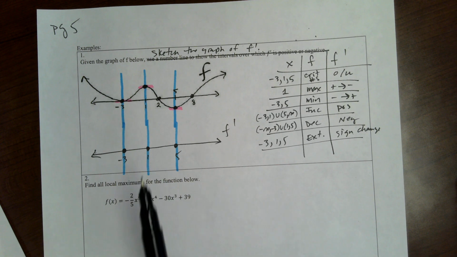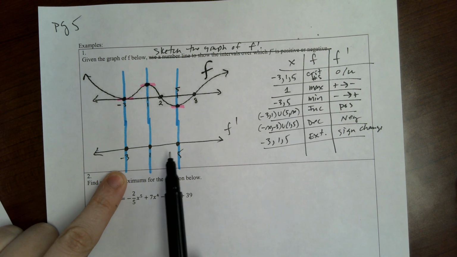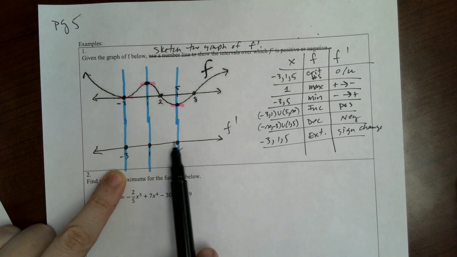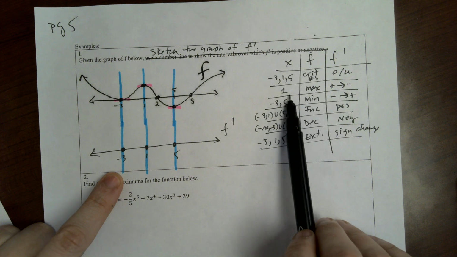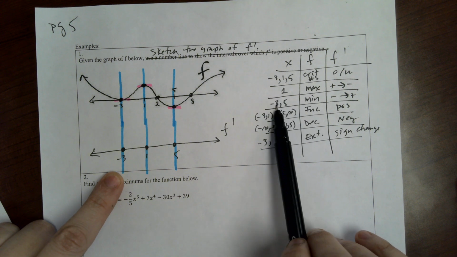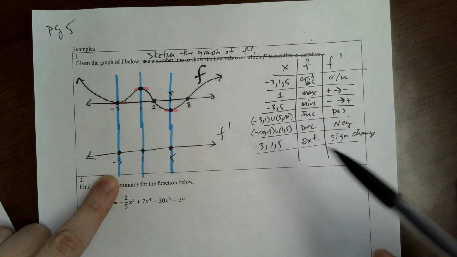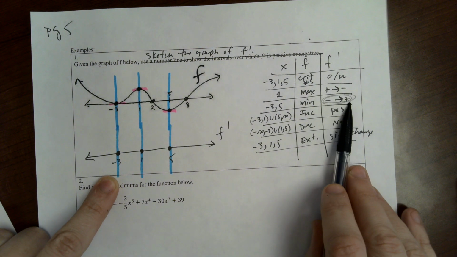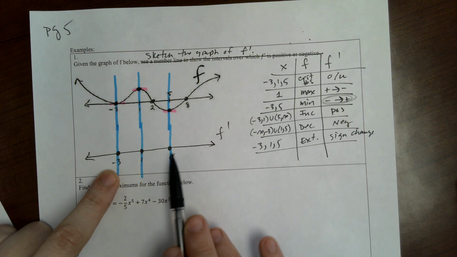Okay, all right, so now over here. What do I know is happening on my graph of f prime at these values? A sign change. So we're crossing the x-axis at these values. So let me look at how. At negative 3 and 5, we are crossing the x-axis on f prime in this way, going from negative to positive, so from below to above at negative 3 and 5.